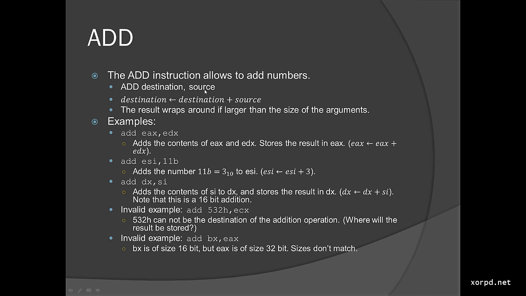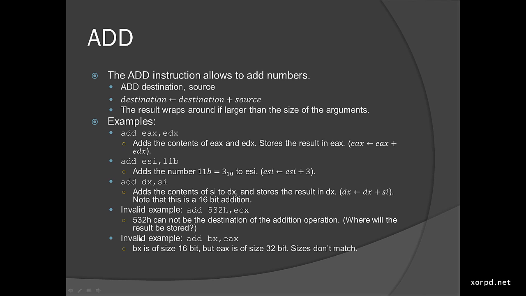We always have to make sure that the destination argument here is some kind of cell or place that we can store data. A number or a literal or a constant is not a place to store data. This number is just a number. We can't store the result in there. We always have to ask ourselves, where will the result be stored?